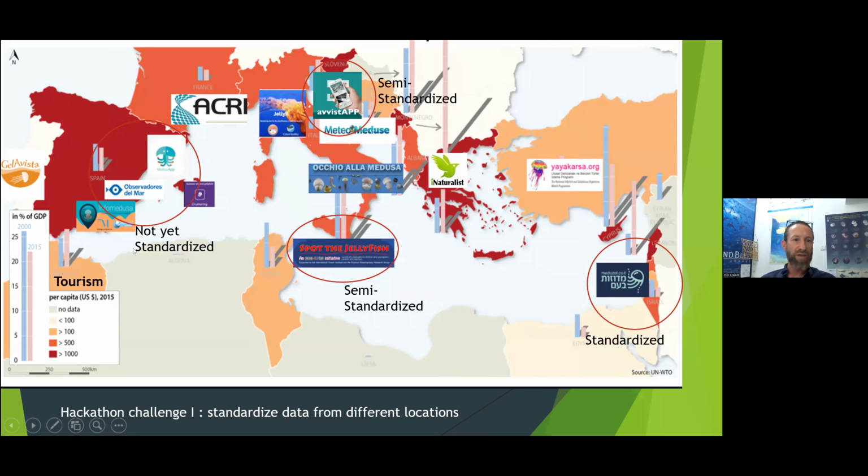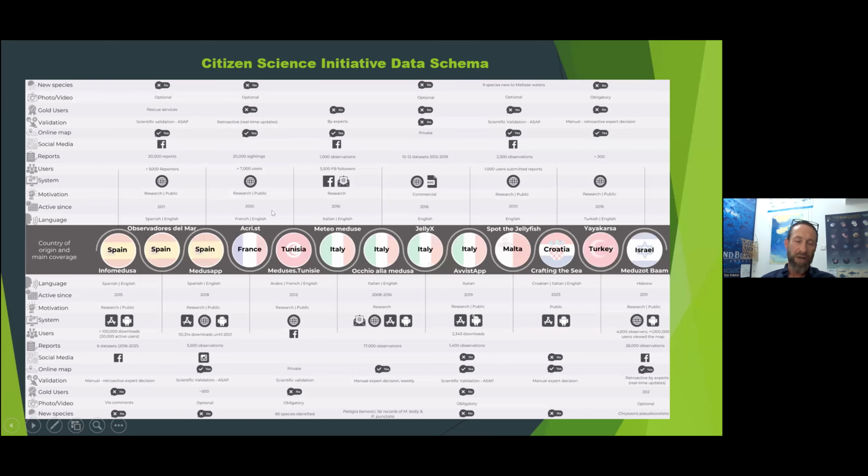So we have 4 data sets from these 4 places. We're looking mainly in the hackathon probably to utilize some of the methods that I'll show you that we use to standardize and set best practices. If we look at the different organizations, really we can see very large differences in how they maintain and manage their data, how they get the data from the people.